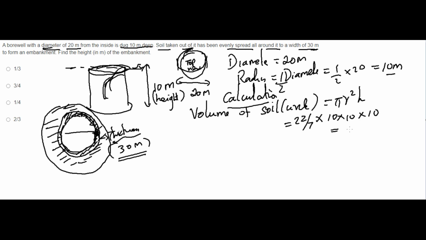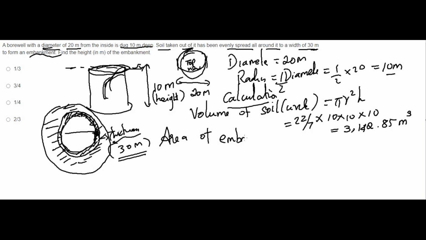After calculation, because I have a calculator, I have the value: 3142.85. The volume is in the unit of meter cube. Okay, and you should know the area. Because they have given an embankment, like a cup, you take the total area of the embankment.